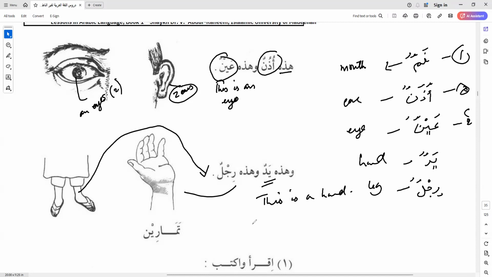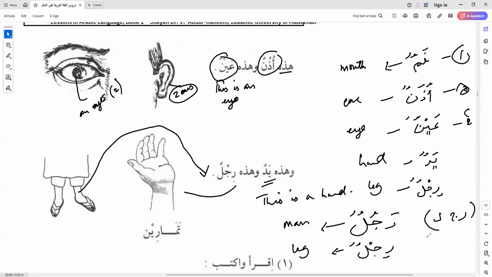Don't confuse rijlun with rajulun. Rajulun is a man, and rijlun is leg. If you look at the consonant composition or the letter composition, they are the same: ra, jim, lam. But the vowel composition is different.